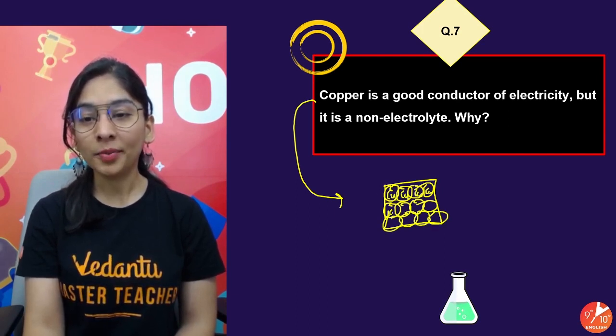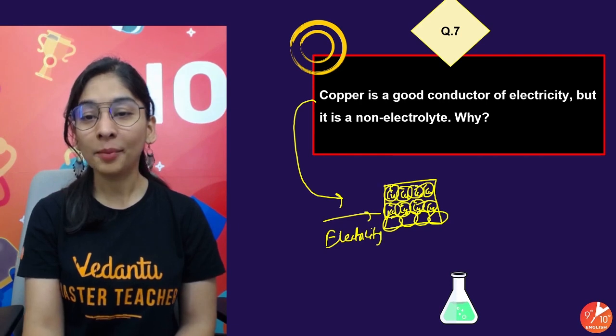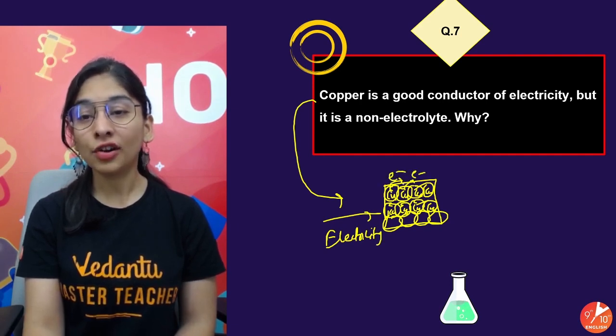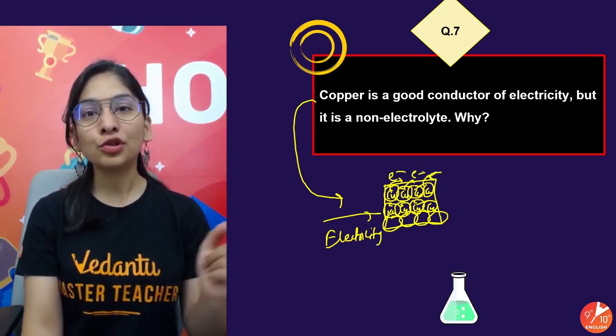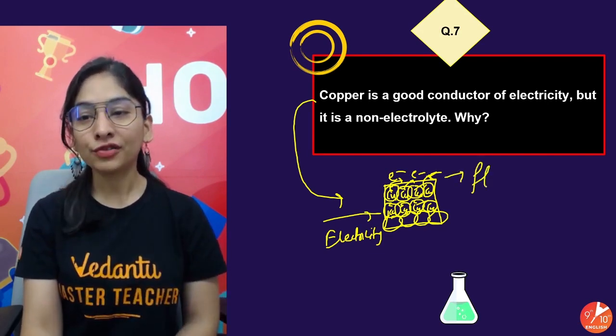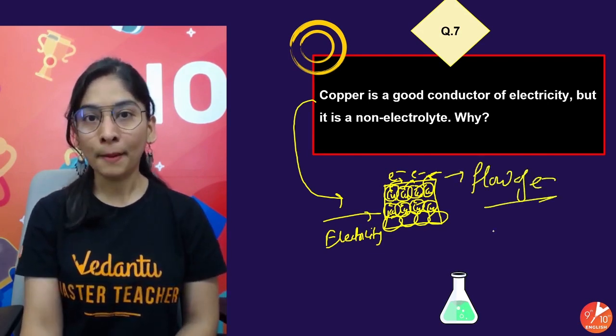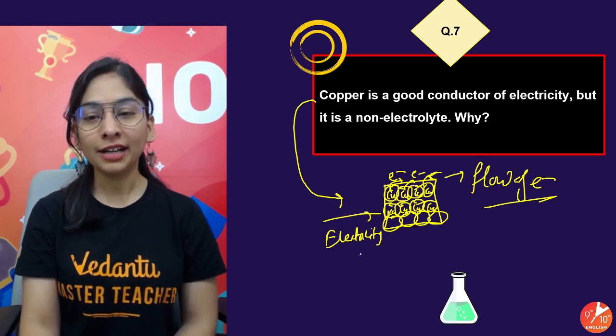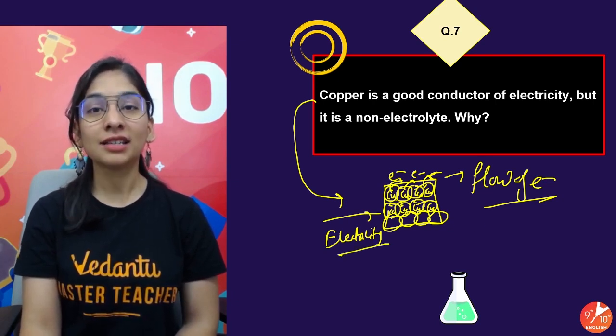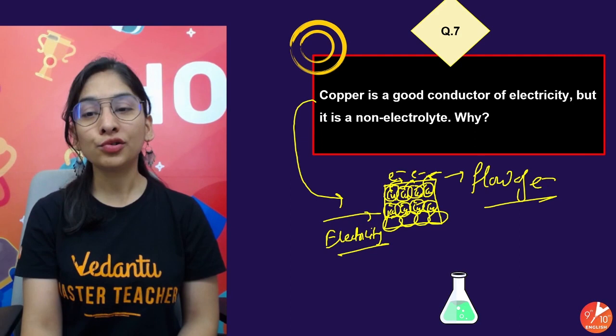Copper, copper, copper, copper. Now when you pass electricity through it, what exactly is going to happen? They're going to lose electrons, and these electrons keep on flowing, and due to the flow of electrons, electricity will be conducted. But that's a non-electrolyte, because even after passing electricity, I told you that electrical neutrality is maintained.